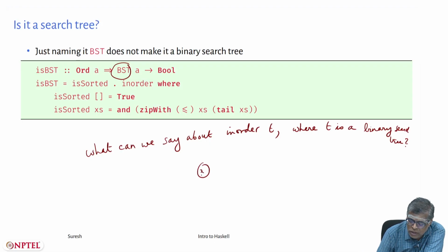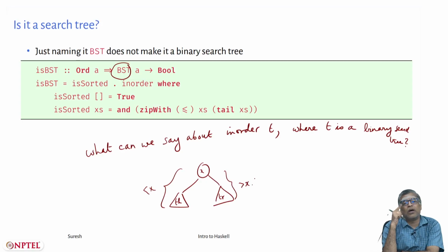Recall that you have x here and then you have TL and TR, and recall what in-order does: it will first list everything in the left subtree, then it will list x and then it will list TR.